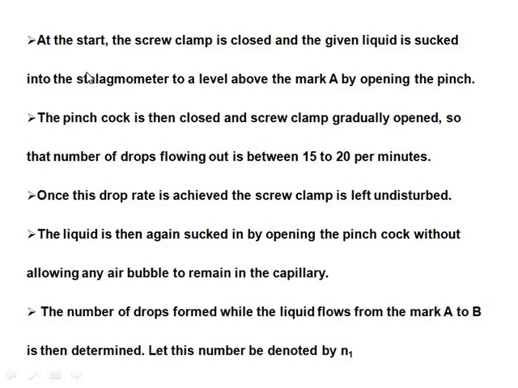At the start of the experiment, the screw clamp is closed and the given liquid is sucked into the stalagmometer up to mark A by opening the pinch cock. Then the pinch cock is closed and the screw clamp is gradually opened.